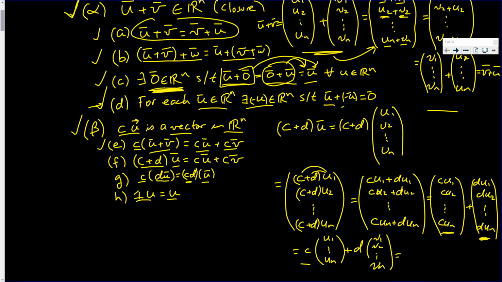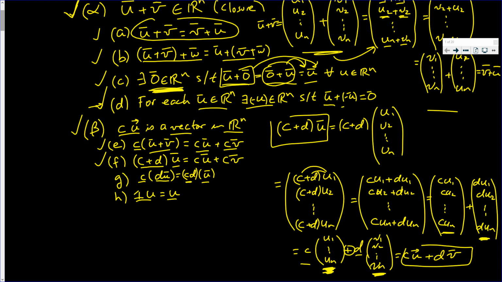So I have C times this, but that's vector U. I get C times vector U plus D times this vector. But this vector is V. So this is equal to that, which is exactly what letter F asked me to do.